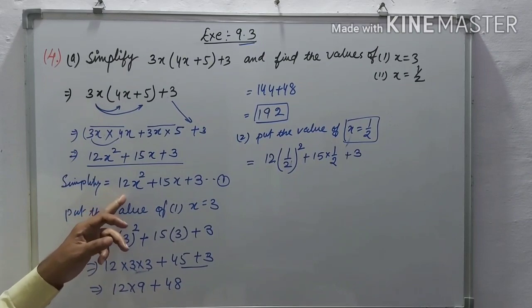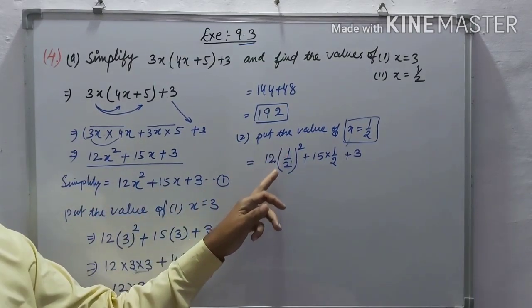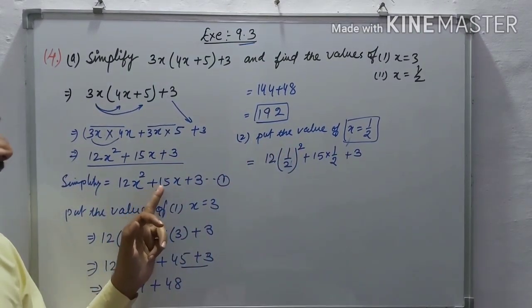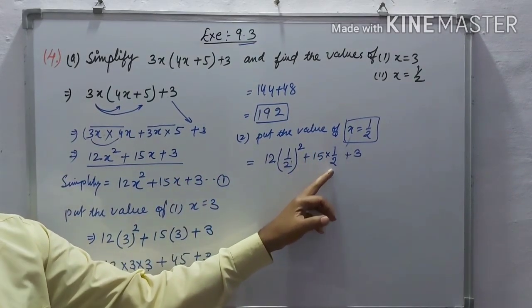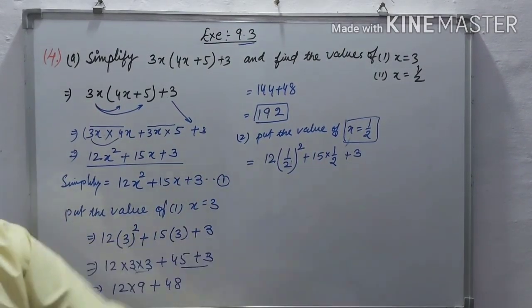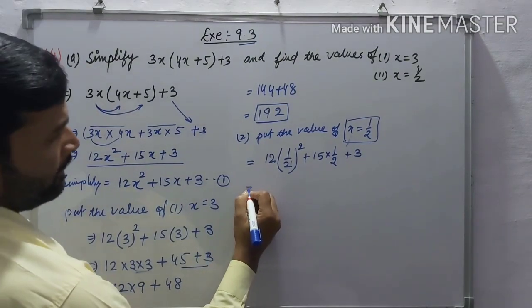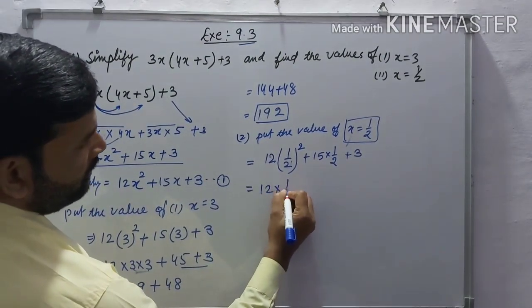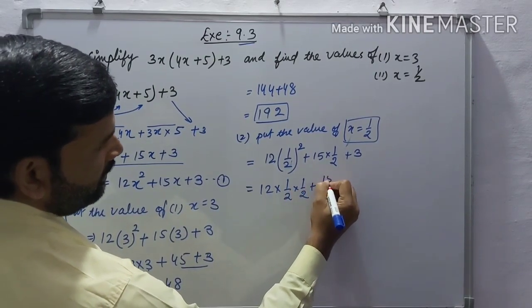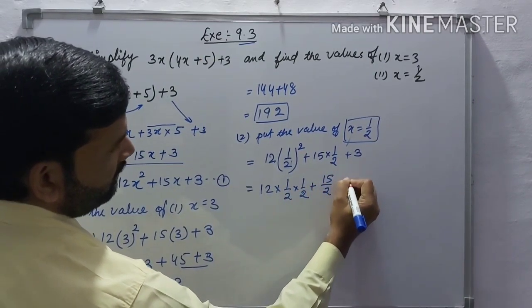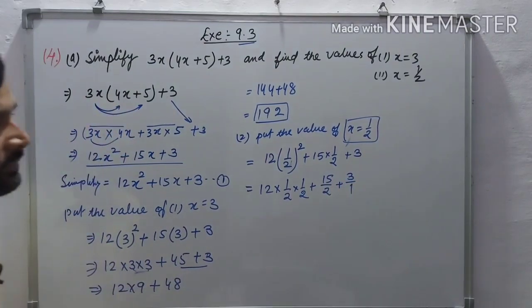Okay, 12x square, x value is 1 upon 2 to the power 2, plus 15 multiply x, where we multiply x value of 1 upon 2, and plus 3. Okay, now solve. 12 into 1 upon 2 into 1 upon 2 plus 15 upon 2 plus 3 upon 1.